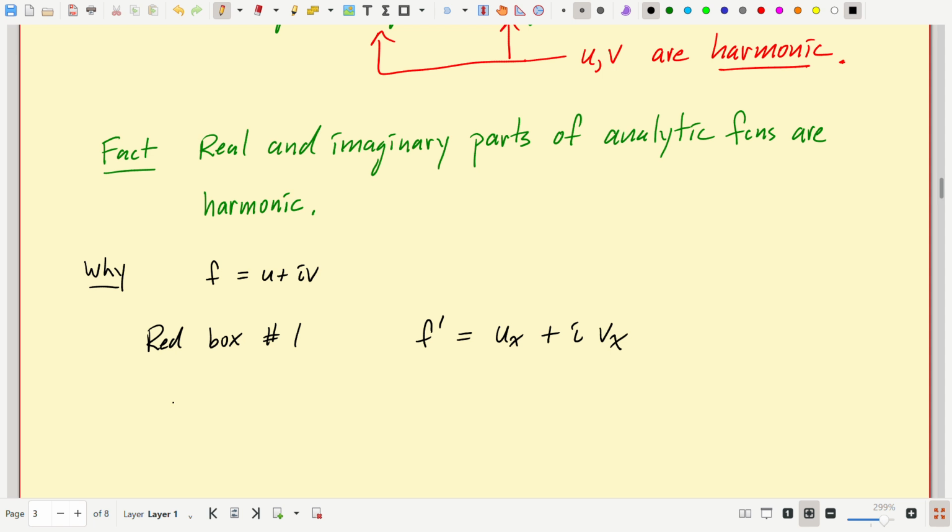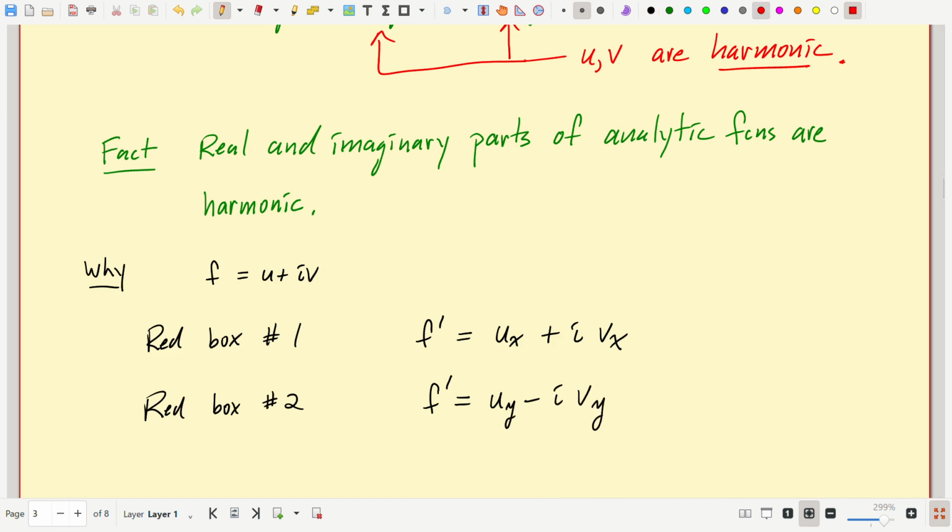And red box number 2 gave me another way to write f prime: f prime equals du/dy minus i dv/dy.